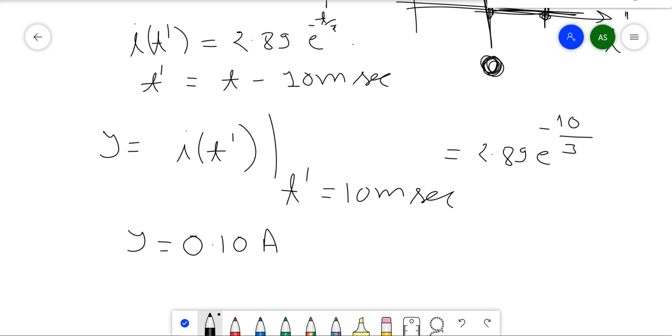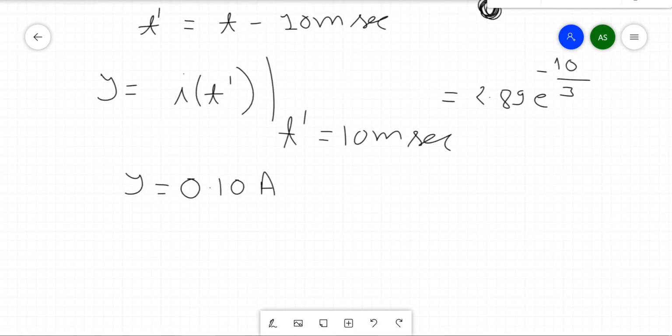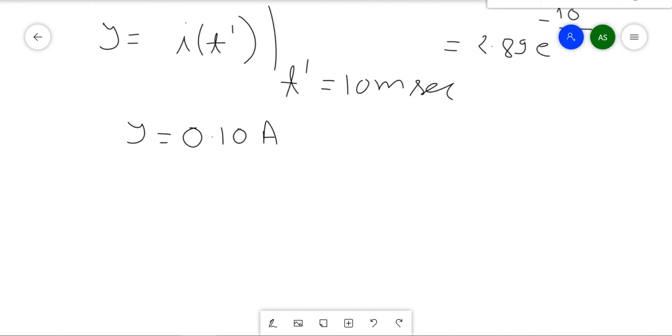Okay, what is the thing that we need to calculate here? We want to calculate the I DC, the value of DC current, or how the average is changing with respect to time.